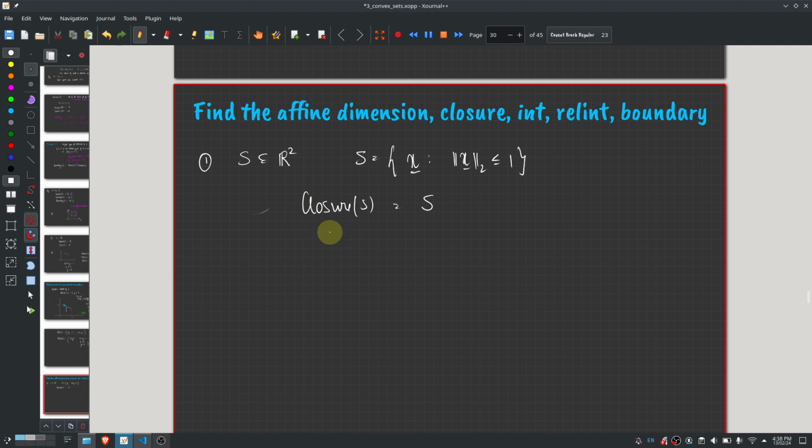What would be the interior? This would be the set of all x such that the 2-norm of x is strictly less than 1. Intuitively, geometrically it corresponds to the circular region except the boundary.